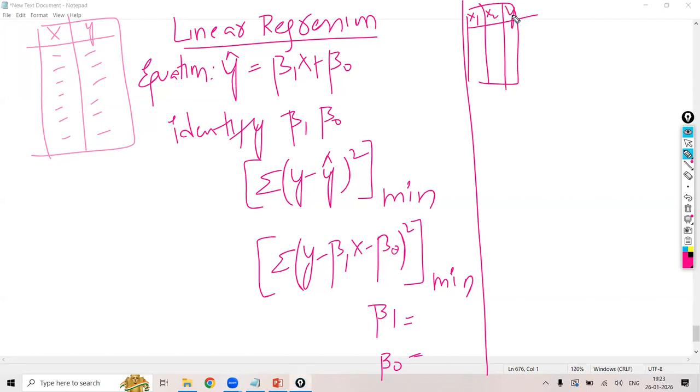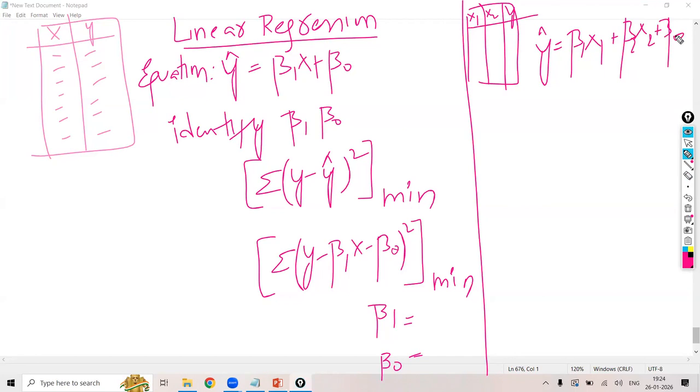Now, in the same way, here I have x1, x2 and y. Three are there. Now what is the equation? Same linear regression: y hat is equal to beta 1 x1 plus beta 2 x2 plus beta naught.